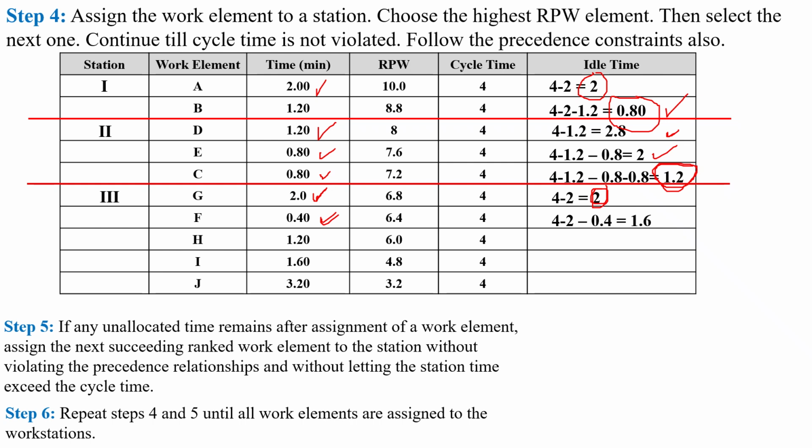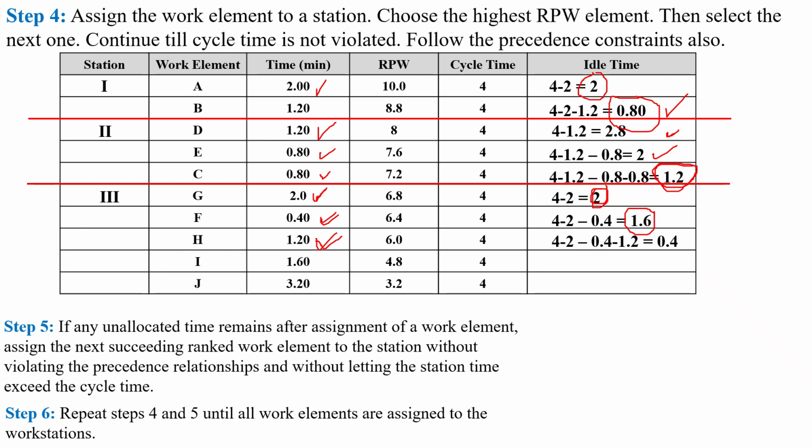Next work element is the H and its processing time is 1.2 and here idle time or available time is the 1.6. So we can add the work element H in the third workstation.